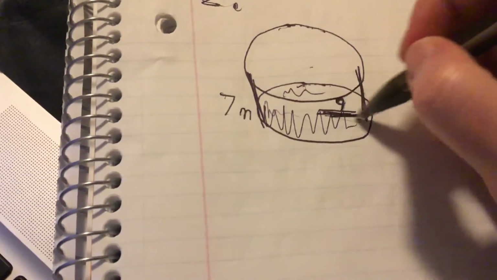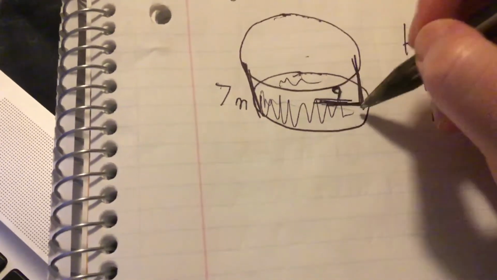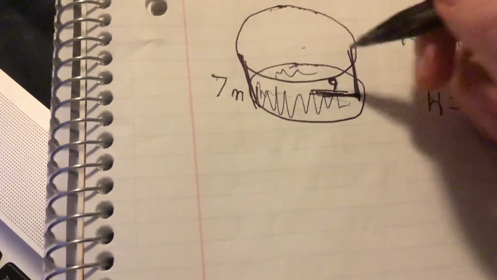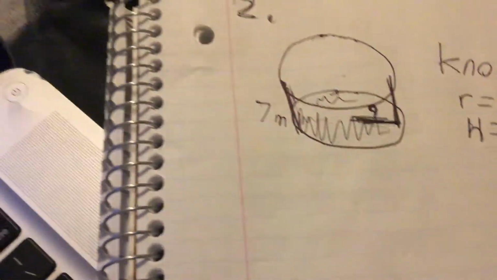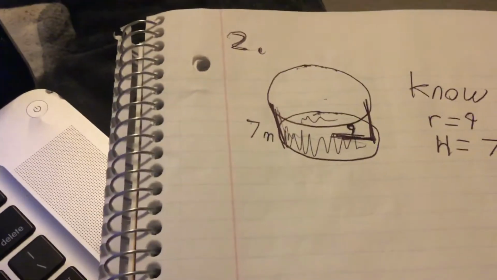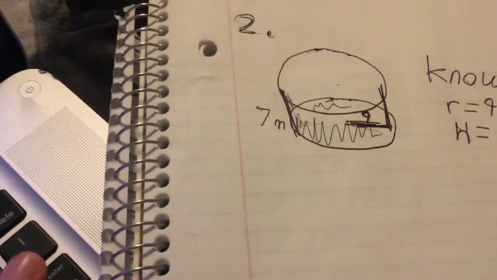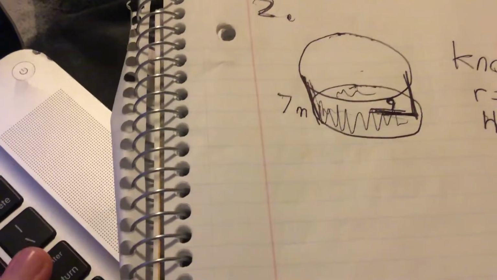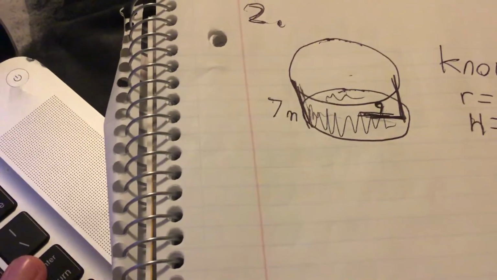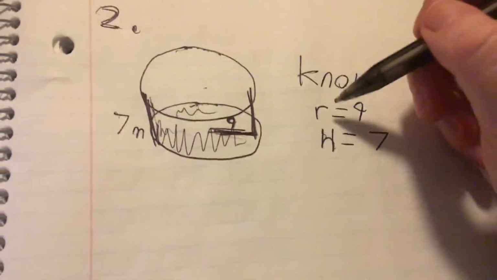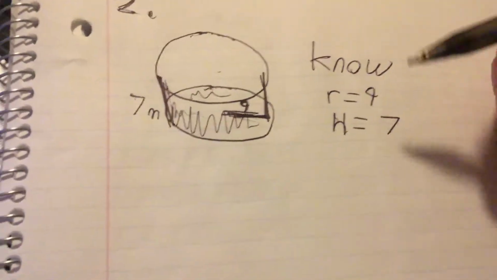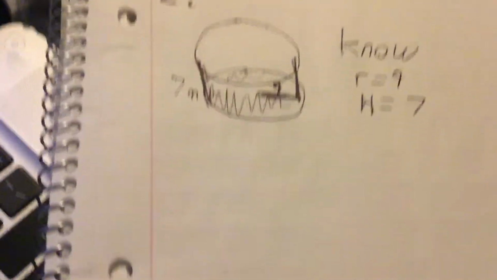We can see with this line here that is our radius, which is 9, and our height over here is 7. Alright, so like I said, we know our radius is 9, our height is 7. So now we're going to do what we did on the last one.